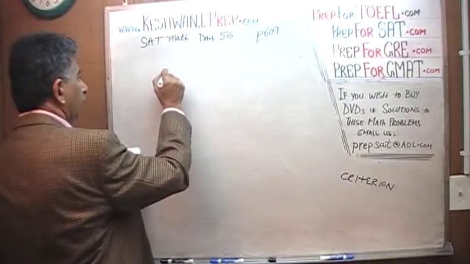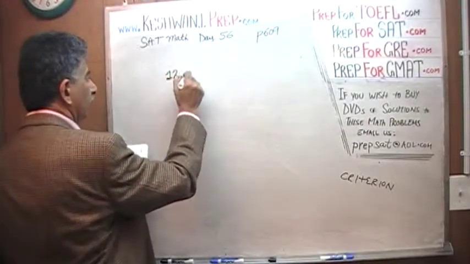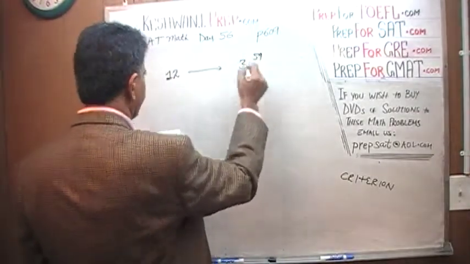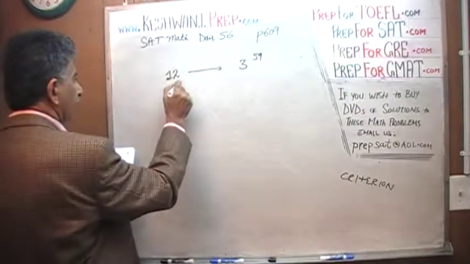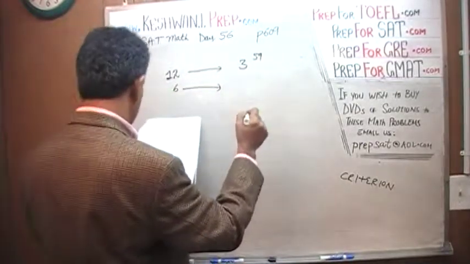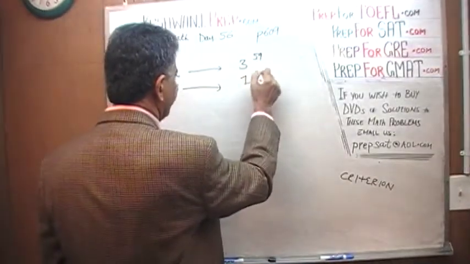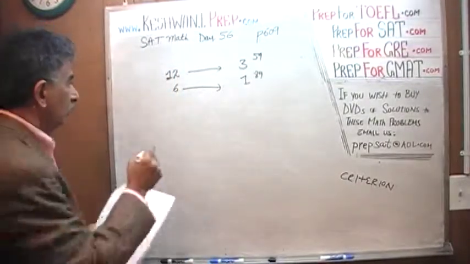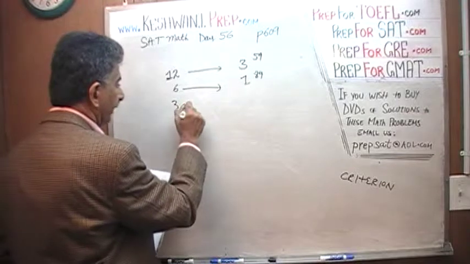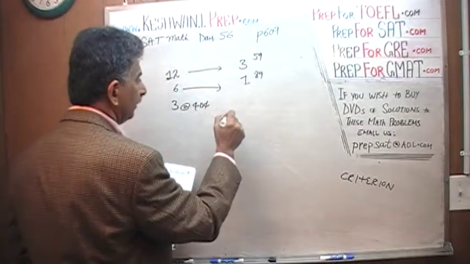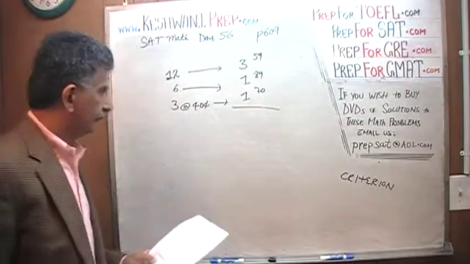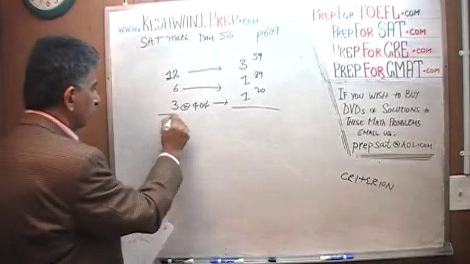So we buy 12. 12 will cost $3.59. Then we can buy a box of 6. A box of 6 is $1.89. So that's 18 so far, and we have 3 more to go. And 3 more donuts at 40 cents each will cost us another $1.20. That's it, that's our 21 donuts.